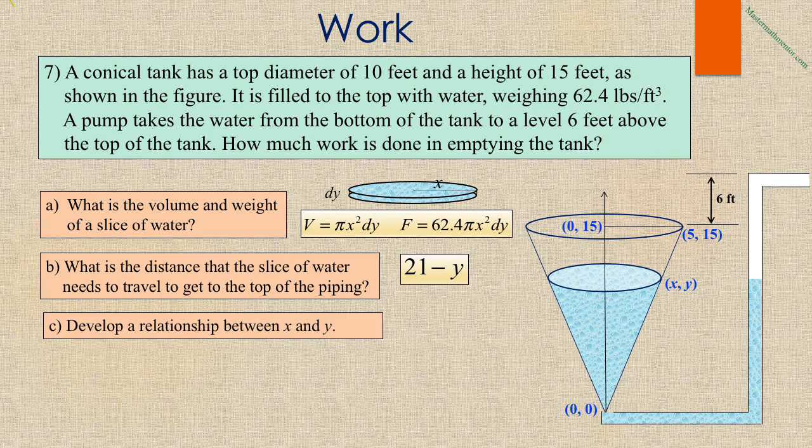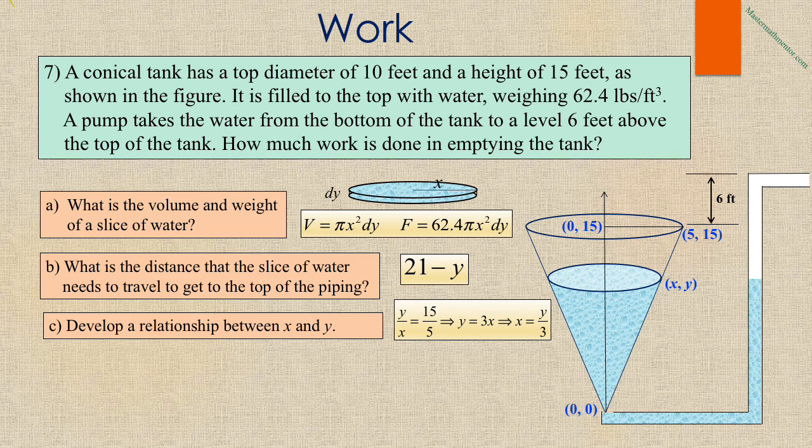Realize that when we set up our integral to find the amount of work done to empty the tank, there will be an x and a y in the formula. And we need to express this with one variable, so we need to relate x and y. To do this, we use similar triangles.